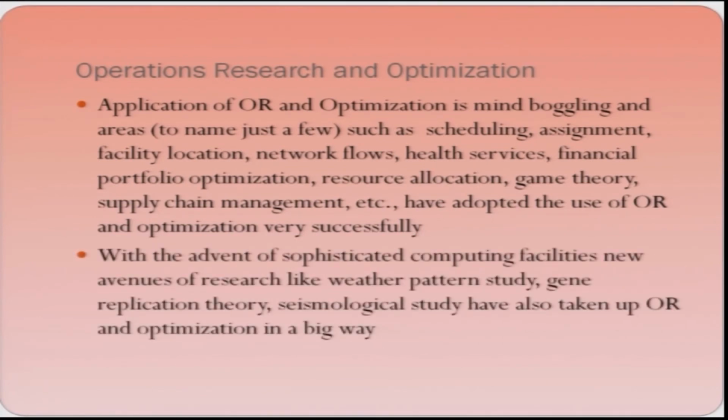Now, in the recent past, even though it is very well known, I would still like to highlight that the computing power and the techniques of operation research, and obviously statistics, have grown exponentially.